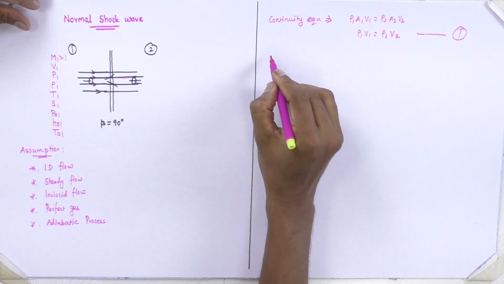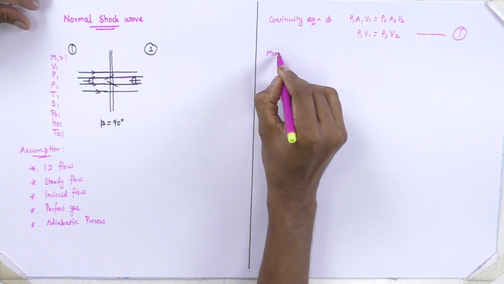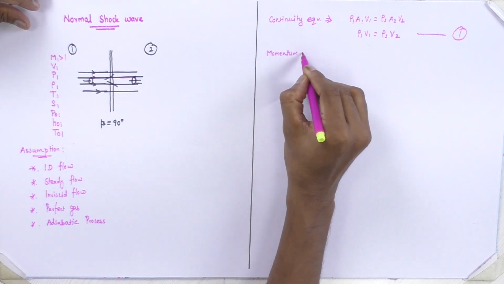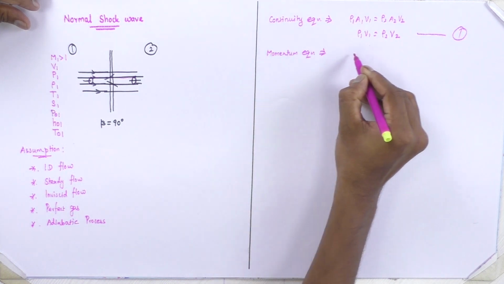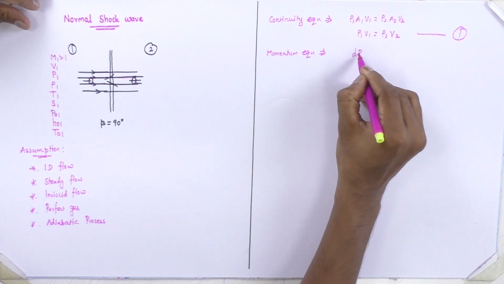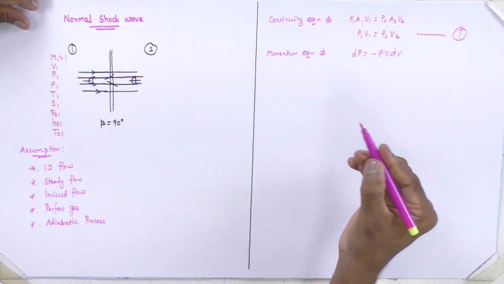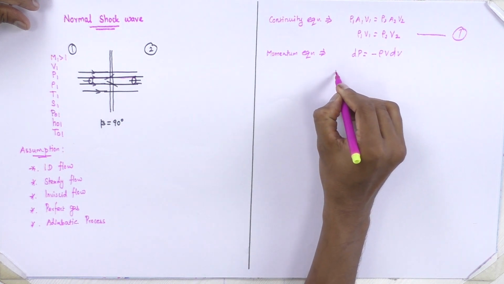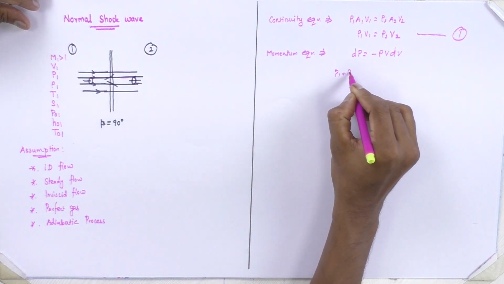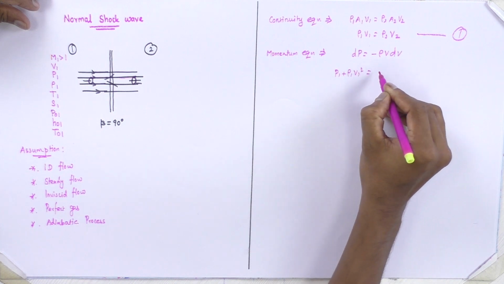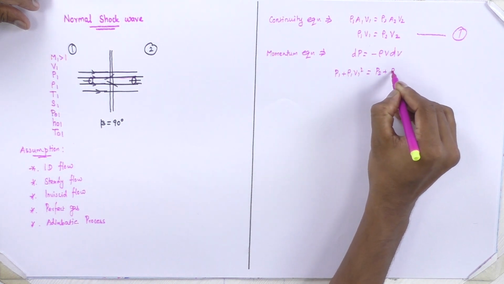Then we have the momentum equation. In differential form, it is dP is equal to minus ρ V dV. In integral form, it is P1 plus ρ1 V1 square is equal to P2 plus ρ2 V2 square.